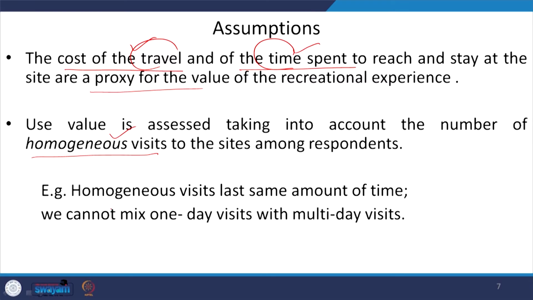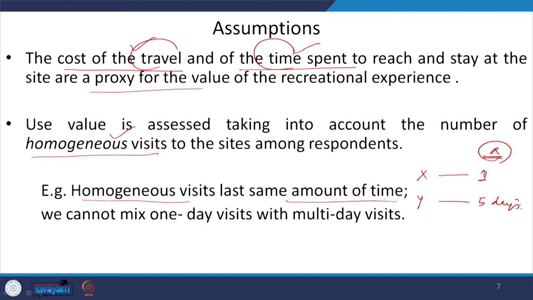In case of homogeneous visits, we need to take into account the amount of time. So, if a particular individual or visitor is paying a visit to, let us say, a recreational site for one day, he is spending one day, and a second visitor, Y, is also visiting that particular site, but he is spending, let us say, 5 days.